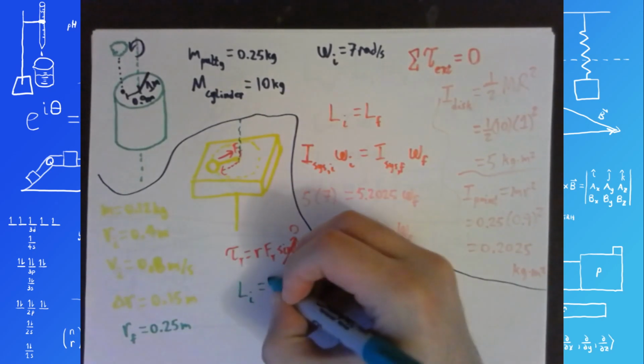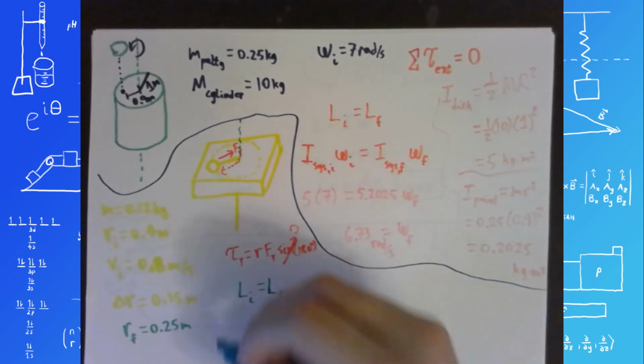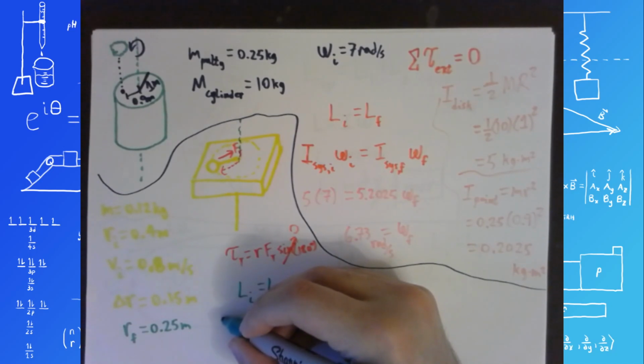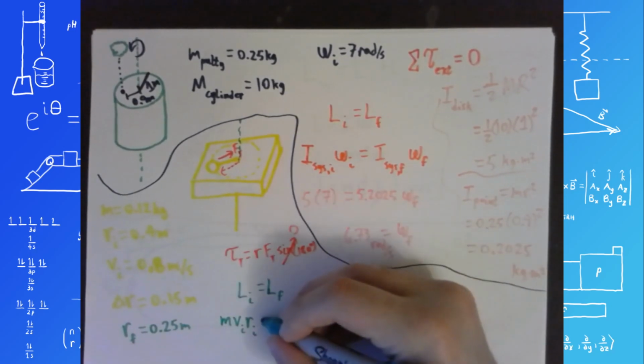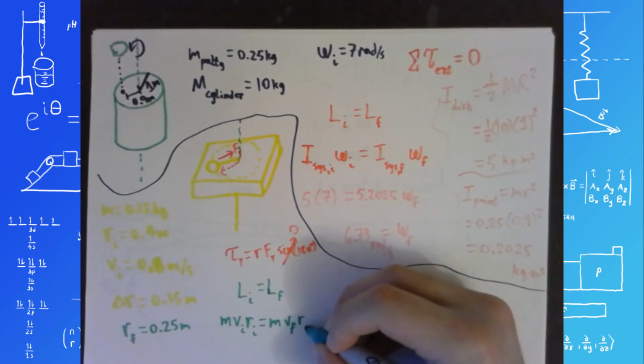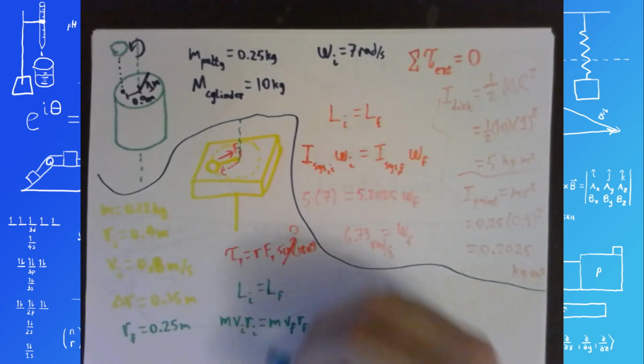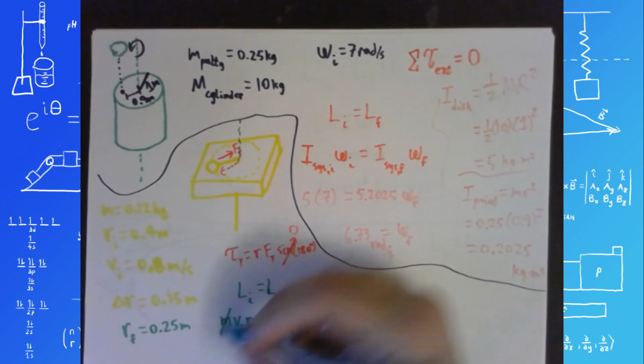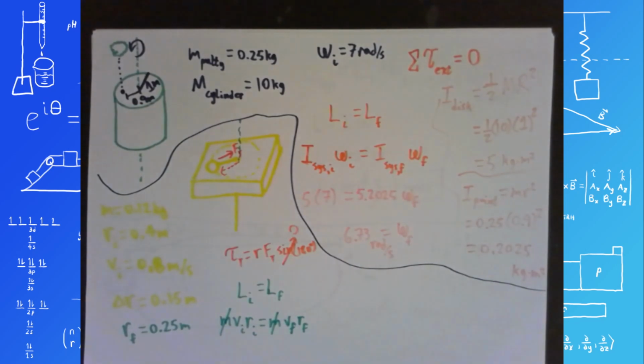L initial equals L final. We can use the MVR version of the equation. M V initial R initial equals M V final R final. I would call them M initial and M final, but the mass doesn't change, so it cancels out. And now we can calculate V final.